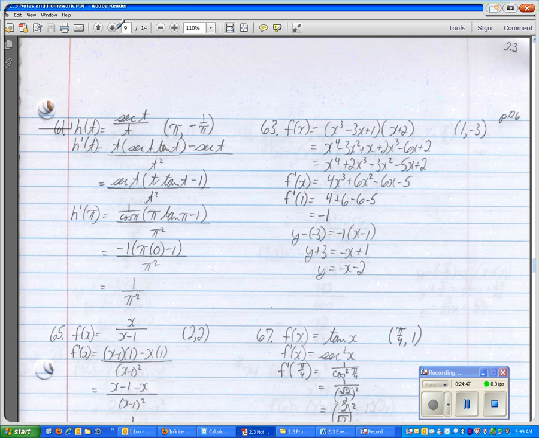And at this point, there's really not much you can do with that. We don't really need the parentheses around the secant t, tangent t. So you could just leave them off and call it a day. Or what I'd rather you do is factor out a greatest common factor of the secant of t.